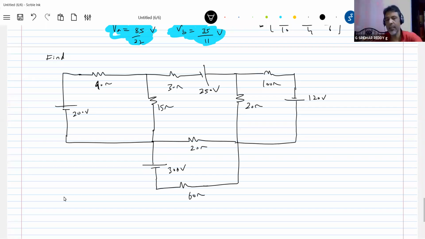Find the current through all the branches.